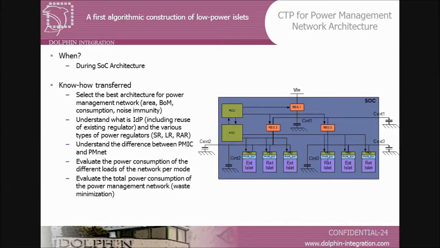Understand what is the interface for distribution power, and the various types of power regulators. I mentioned switching regulators, but you have linear regulators, and you will have linear regulators focused for noise, focused for logic islets. To understand the difference between PMIC and PAM network, and to evaluate and assess the power consumption of the different loads on the network. So this is the first CTP we propose.